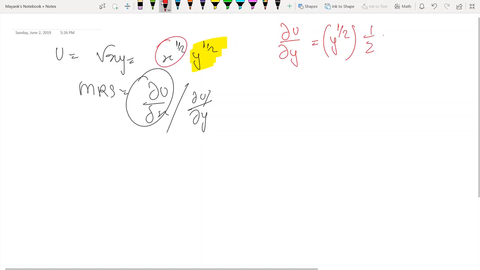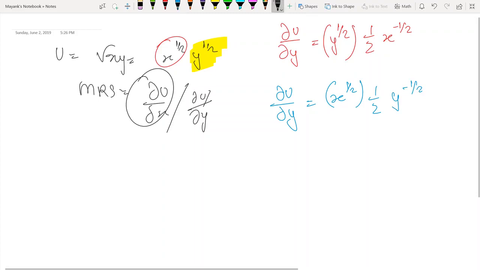1 by 2 x to power minus half. Alright. Now in del u by del y, you will keep x as constant and only change y. So x is constant, so x to power half, and this would be 1 by 2 y to power minus half.